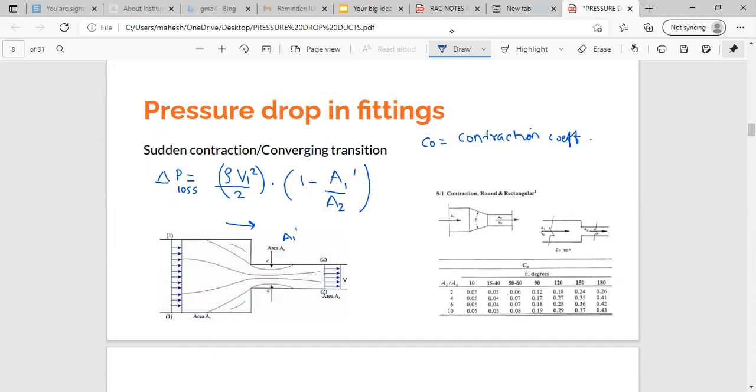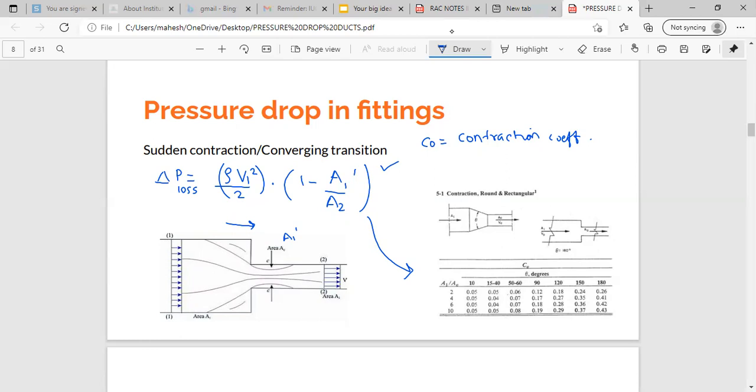So in your actual data book, you don't need to use all these equations. You just have to refer to such beautiful tables to arrive at the pressure drop in the fittings. So this equation, derived from Bernoulli's equation, helps us calculate the pressure drop in the fittings because of sudden contraction.